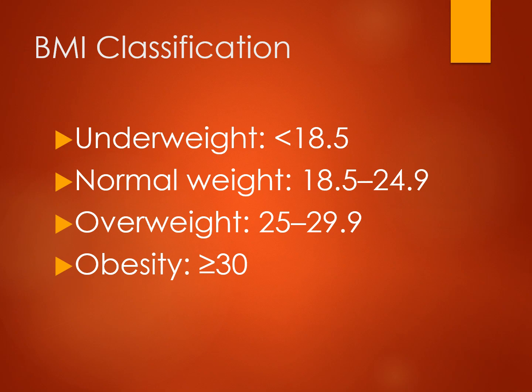Then 18.5 to 24.9 is regarded as normal weight, 25 to 29.9 is overweight, and greater than or equal to 30 means the person is obese. This causes one alarm, but this measurement is used concurrently with other tools to ensure accuracy.